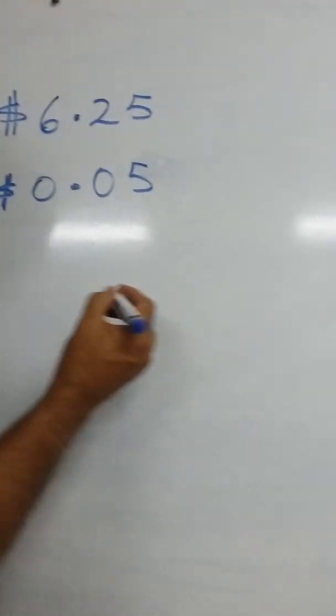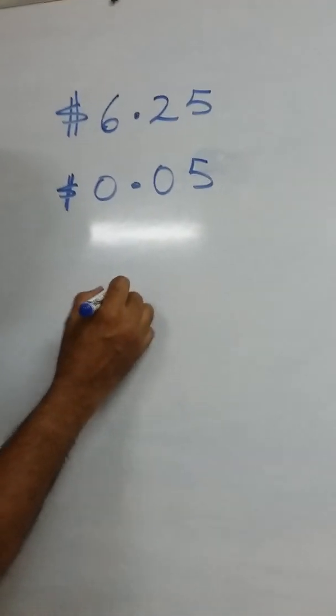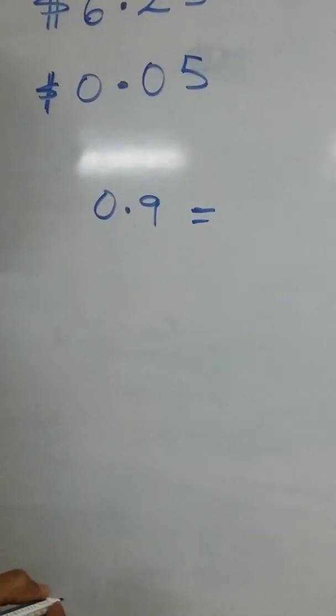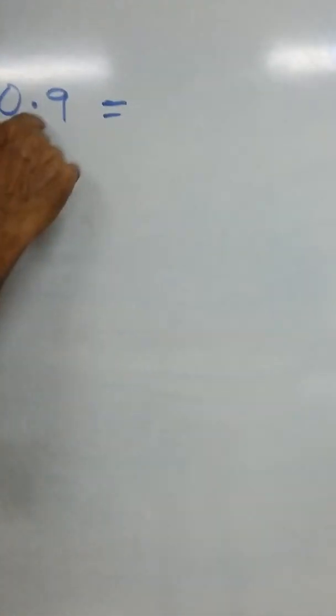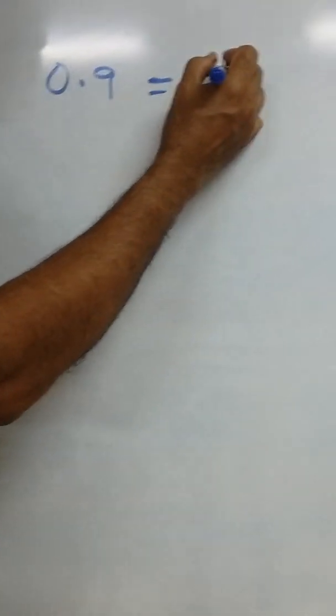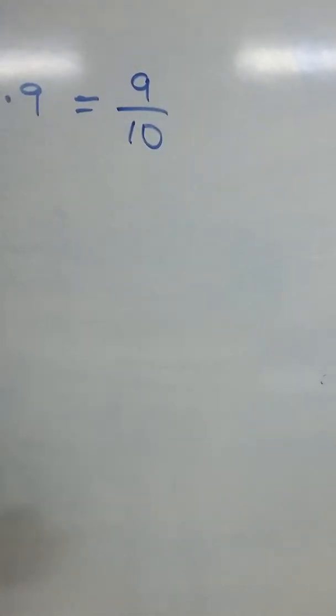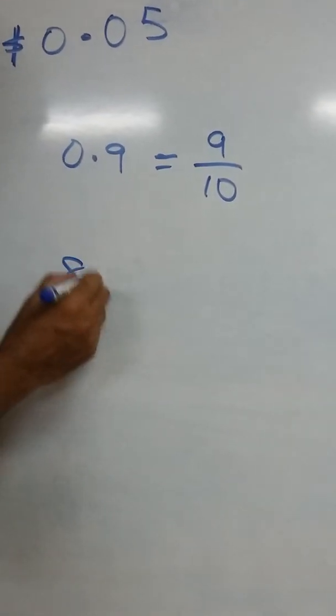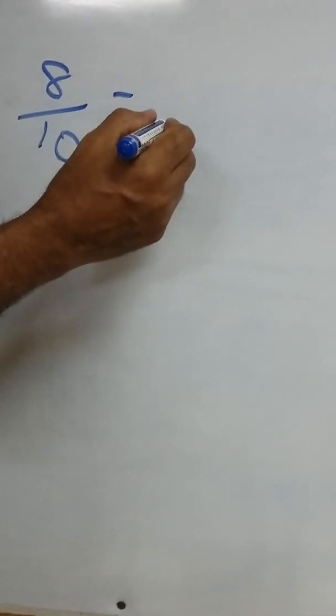Alright, so an exercise I can give you is to write 0.9 as a fraction. What would you write? 0.9 means 9/10. So it has 9 out of 10. I can ask you to write 8/10 as a decimal. 8/10 will be 0 wholes and 0.8.